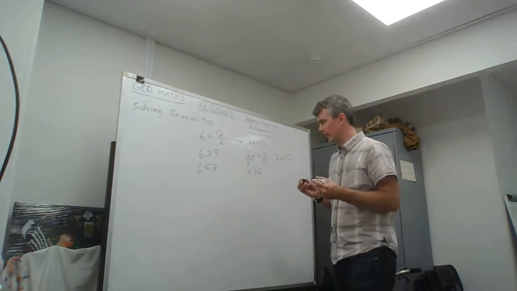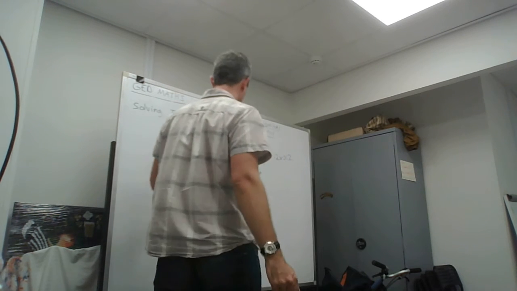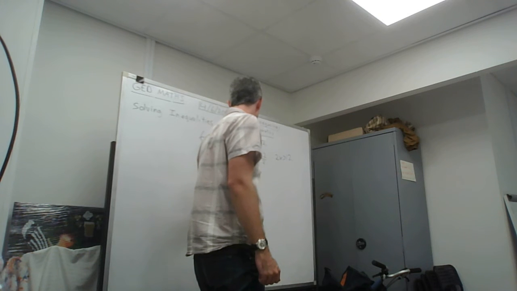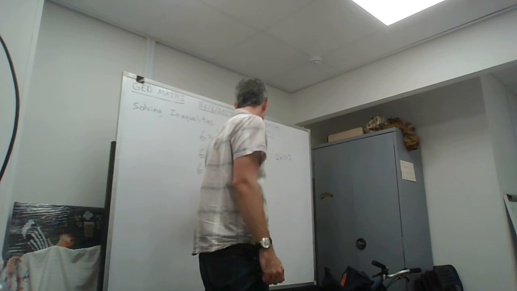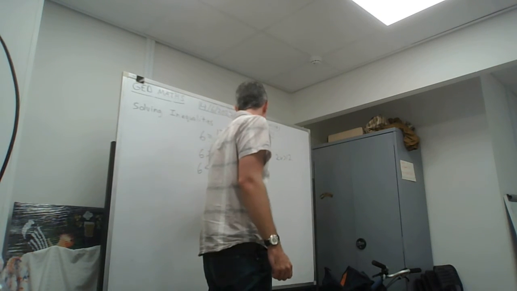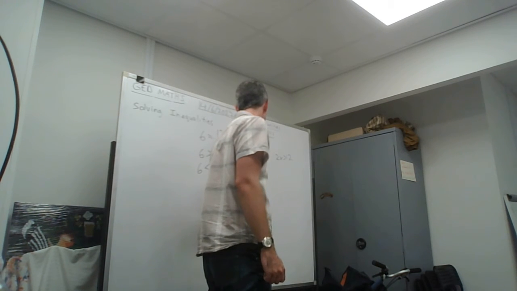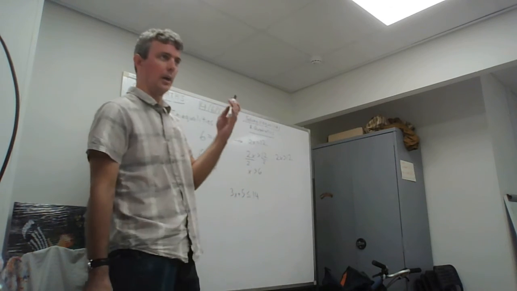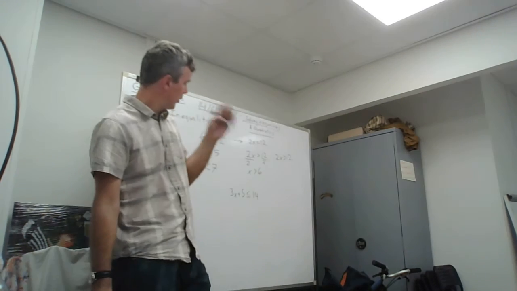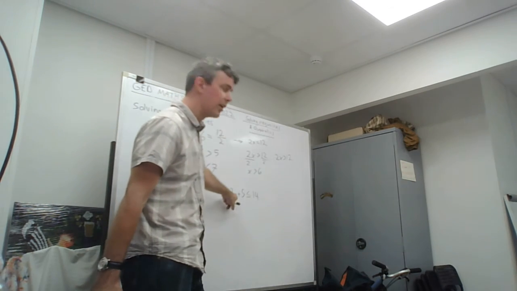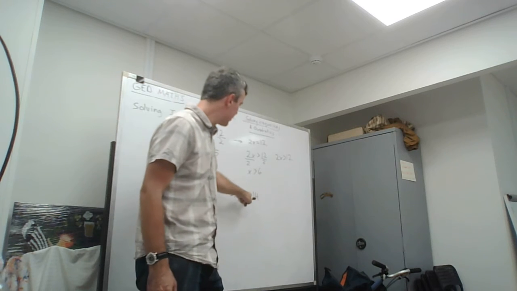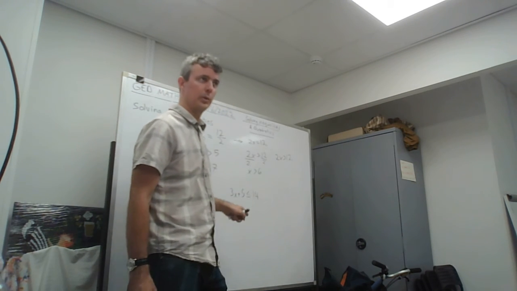Now there's another symbol that comes in here. Say we have 3x plus 5 is less than or equal to 14. Because it's algebra, we have a variable and we don't know what it is. So what we're saying is it's either less than or equal to.